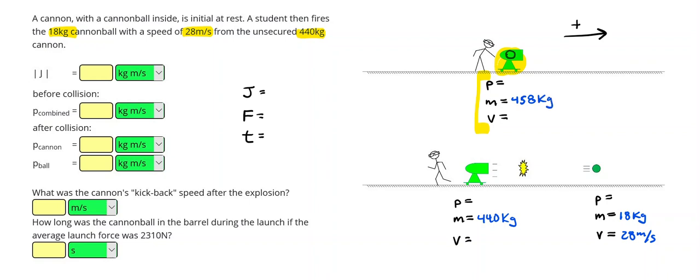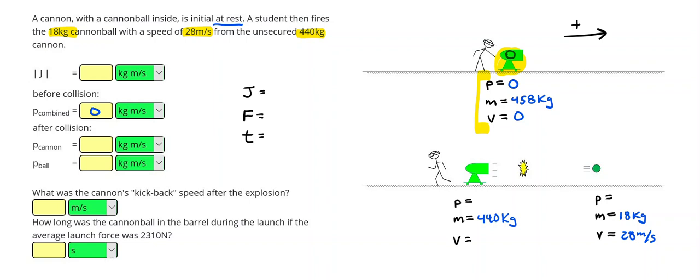Just make sure you get in the habit of it because it could cause an issue in another problem. It doesn't matter a ton in this problem because the initial velocity is 0. It said at rest, and we don't see any motion lines. So that means the momentum of the combined cannon and cannonball is 0.